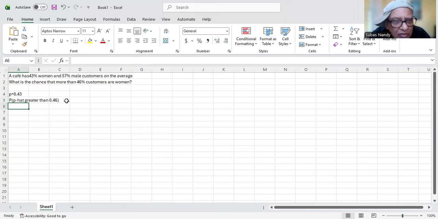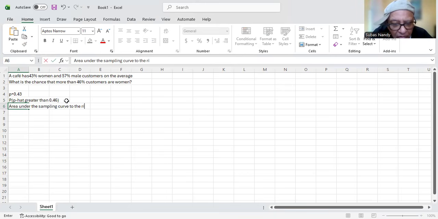I'll write it in: area under the sampling distribution curve to the right of 0.46.